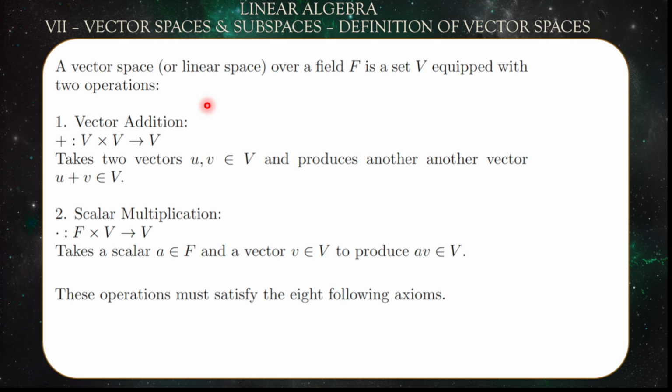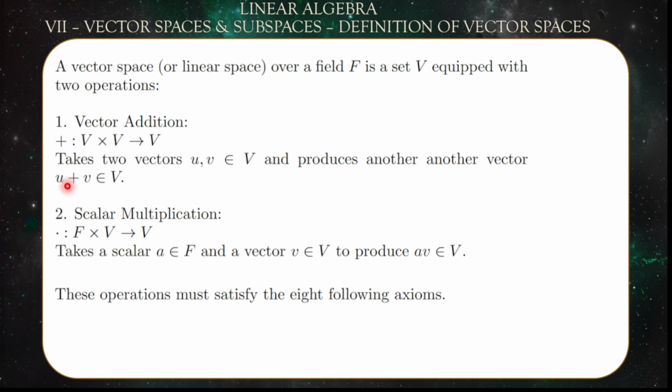Now let's talk about vector spaces. Okay, so vector spaces and subspaces, definition of a vector space. A vector space or linear space over a field F is a set V equipped with two operations. You have vector addition, plus, V cross V gives us V, which takes two vectors u and v within the V space and produces another vector.